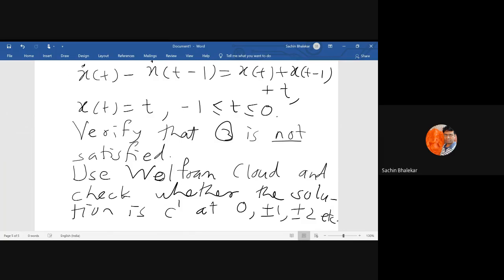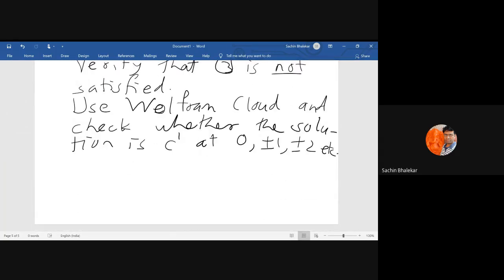You need to use the NDSolve command, solve this delay differential equation and check whether the solution is continuously differentiable at these points. If you use Wolfram Mathematica NDSolve, you will get the solution x of t. Then you can find x dash of t using Wolfram Cloud, sketch x dash of t and check whether the curve of x dash of t is continuous at these points.